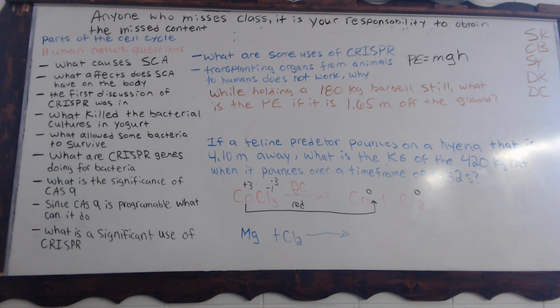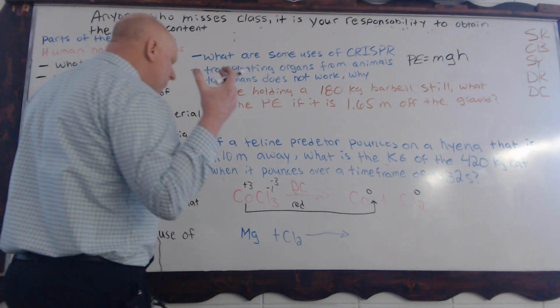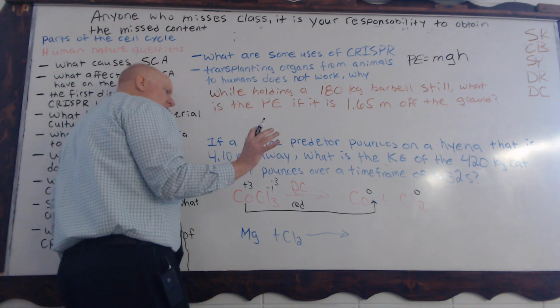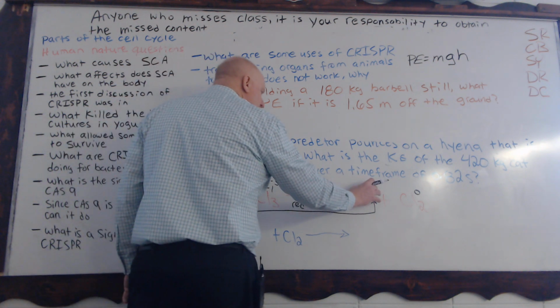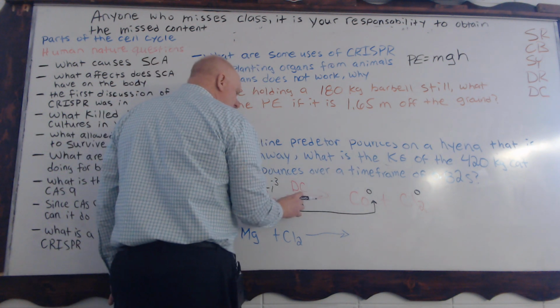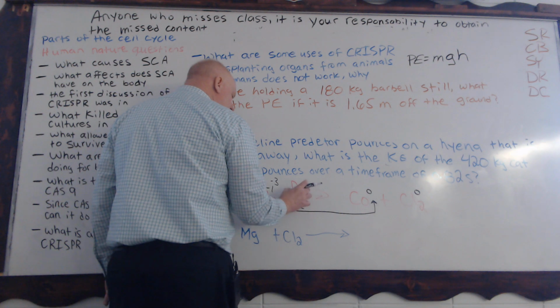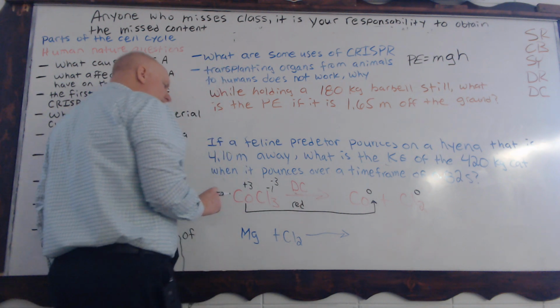Again, in certain cases, you could say it makes more sense to say the number's getting smaller, which it is, but to me, it's best to see what's happening with our electrons. We got 3 less over here, so that must mean we gained them. That is the reduction portion.